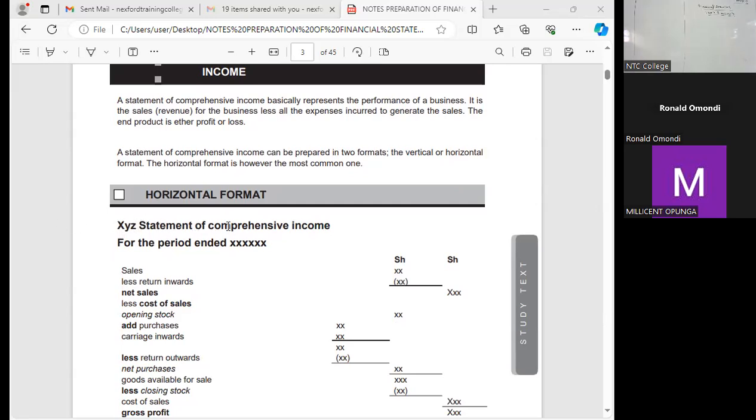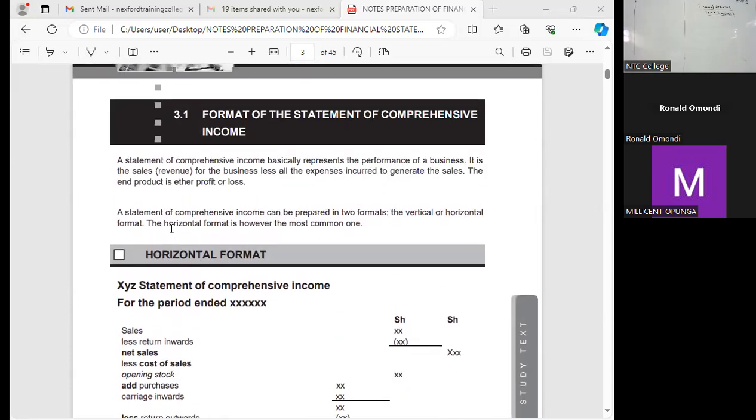Then under it, you write statement of comprehensive income. Then you put the period. So this should be 3 lines: XYZ Limited, statement of comprehensive income, then for the period ended this. Then you start with sales.